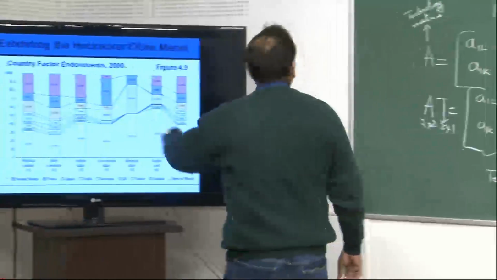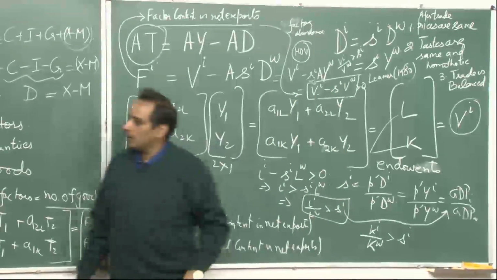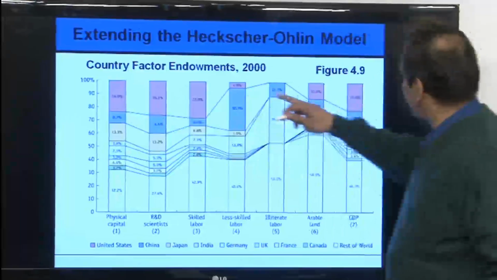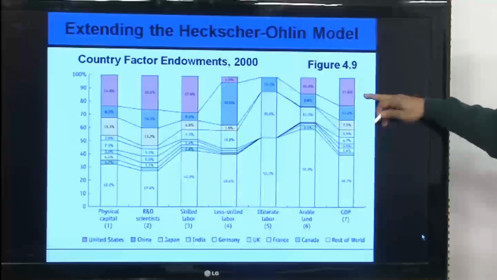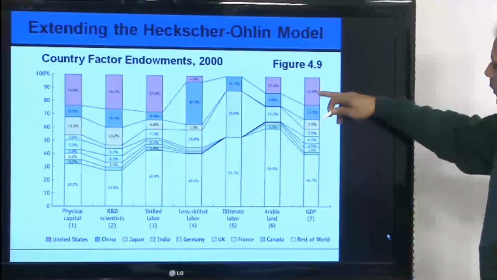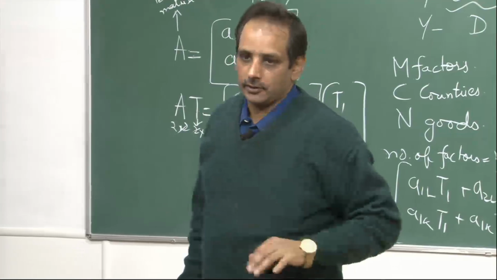So, this is like Vi by Vw, which is 24%, and this is greater than its GDP share in the year 2000, which is 21.6%. So, then you can say that US is capital rich.